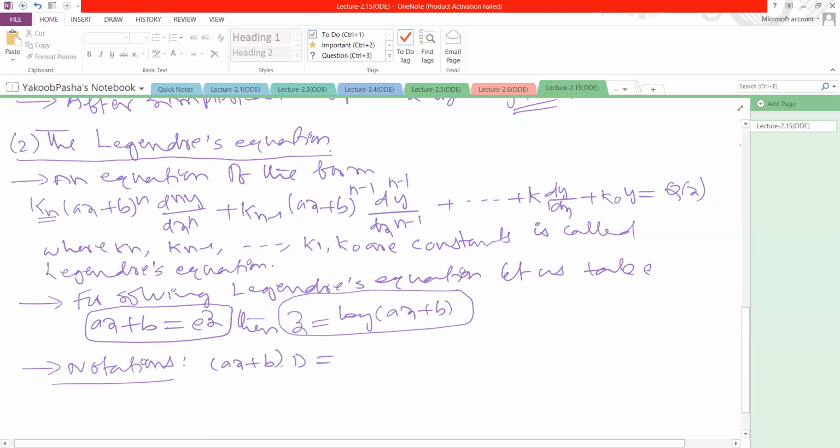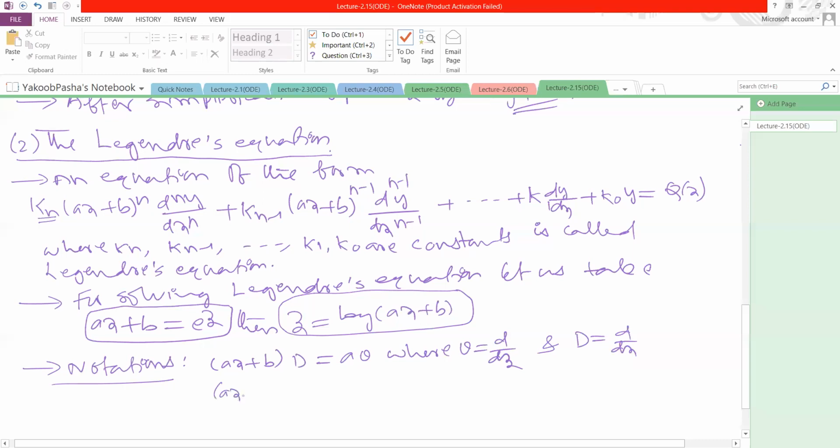Here (ax plus b) into D is equal to a into theta, where theta is equal to d by dz. Z is the independent variable, and we know that capital D is equal to d by dx.